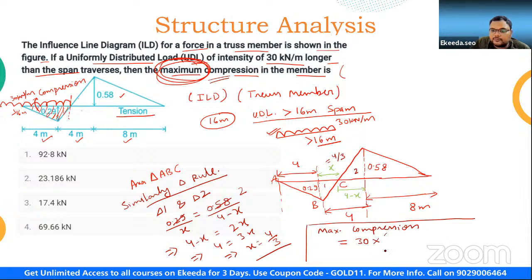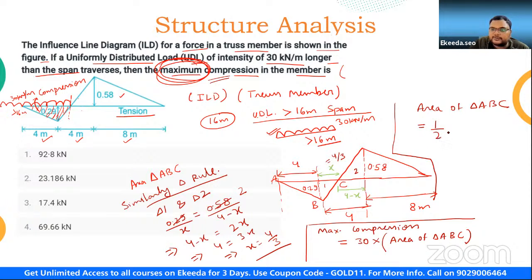So this 30 kilonewton per meter is going to be applied to the complete triangle, that is ABC. So here we need to calculate area of triangle ABC. Right, guys? Can anybody tell me how to calculate?